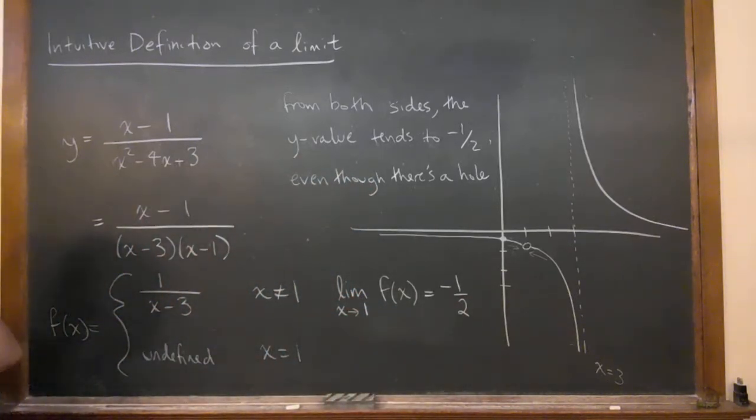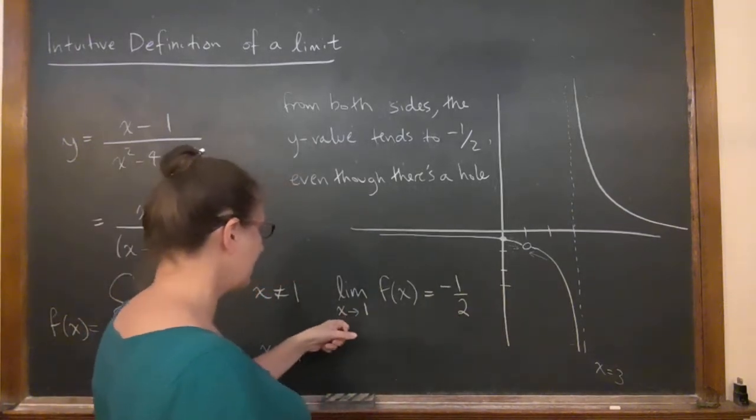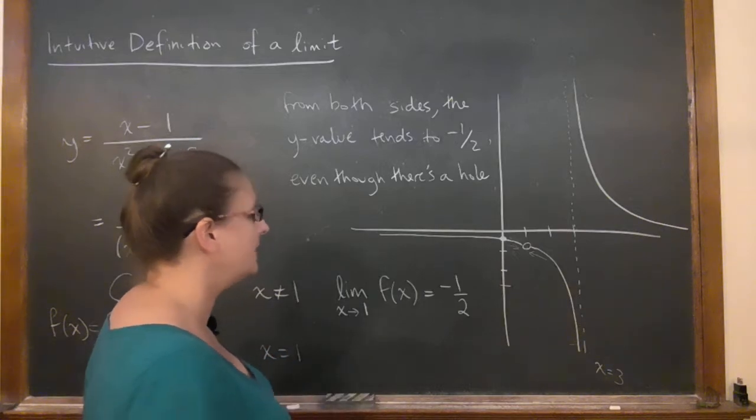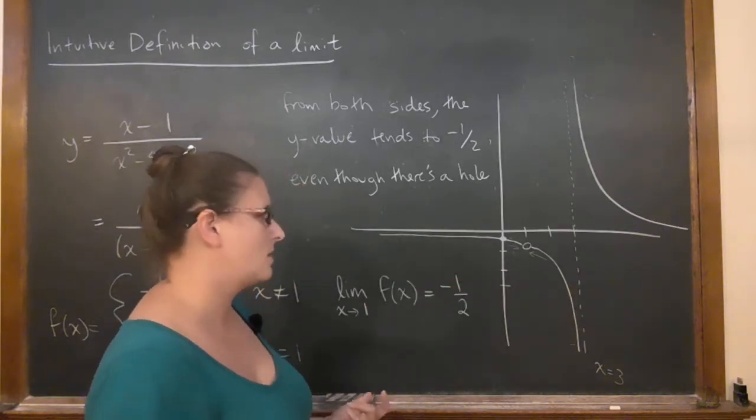Okay, so that's what I mean by that. So this is the y value, this is the x value, and we're talking about what happens with the function. And it's going to be the same thing whether there's a value there or not.